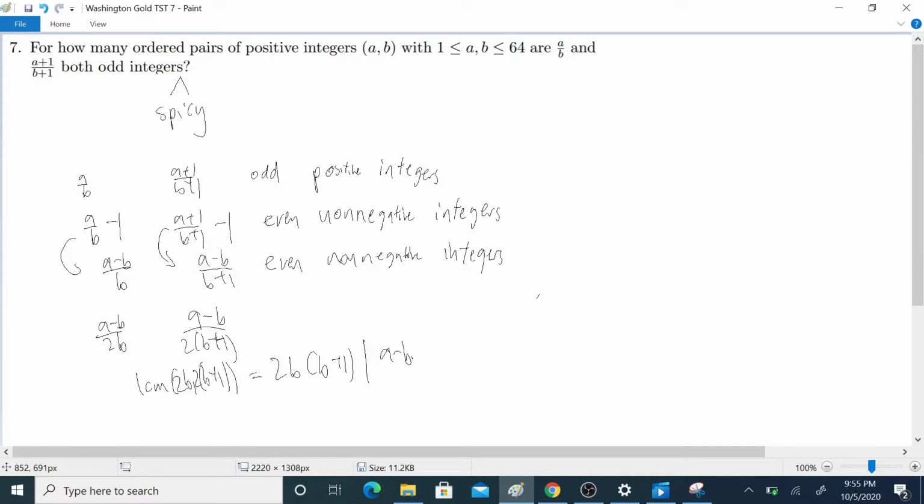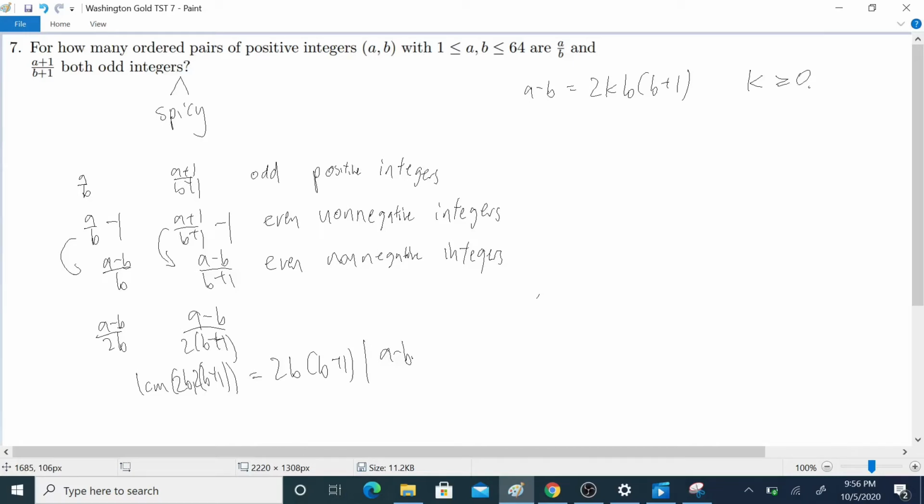So that means a−b is of the form 2k·b(b+1) for some non-negative integer k, so k is greater than or equal to 0.